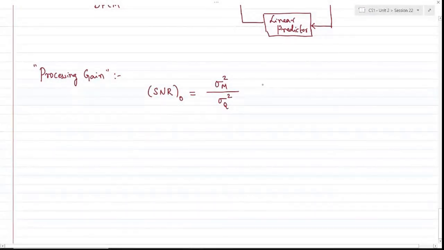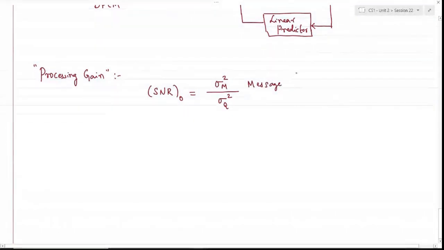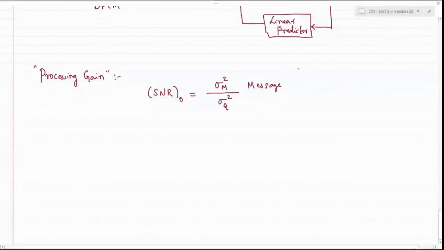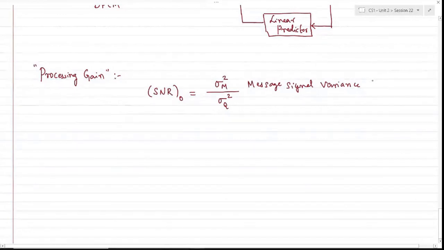Okay, here sigma m square is the variance of the message signal. We have assumed it to be zero mean, all along.